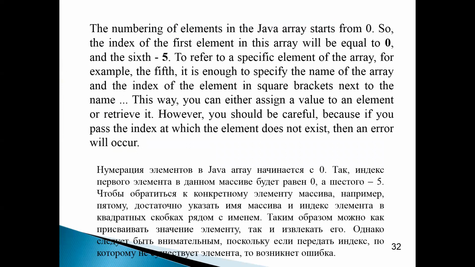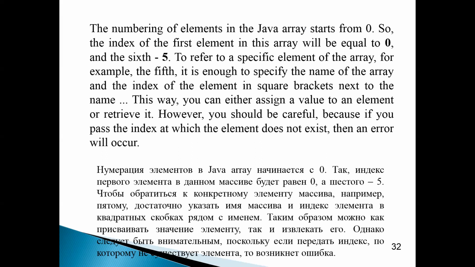The numbering of elements in a Java array starts from 0. So the index of the first element in this array will be equal to 0, and the last one 6 minus 5. To refer to specific elements of the array, for example, the fifth, it's enough to specify the name of the array and the index of the element in square brackets next to the name.